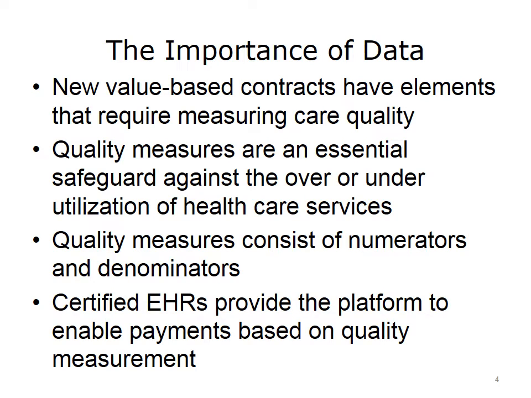This allows providers to identify opportunities to improve quality, such as changing a workflow to include an alert within the EHR to help ensure that all women in a certain age range receive regular cervical cancer screenings, in order to meet a quality measure related to that screening.